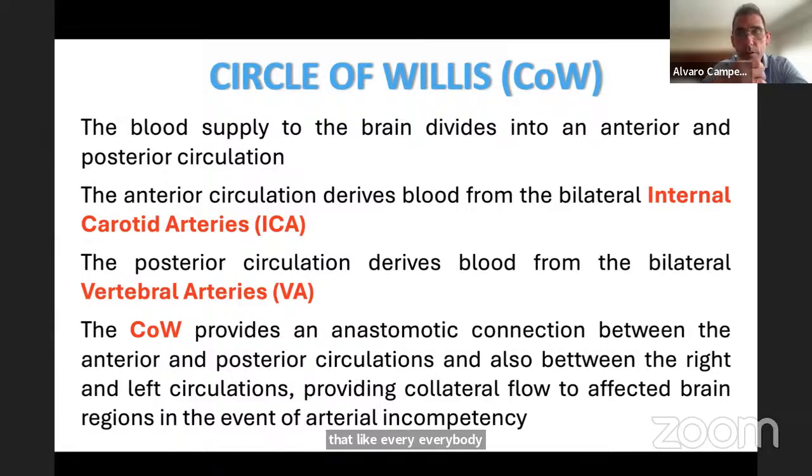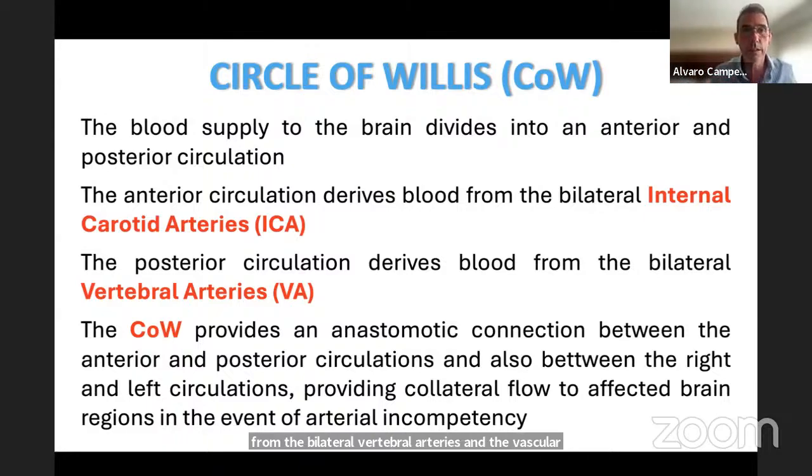So first of all, some things about the circle of Willis that everybody knows: the blood supply is divided into the anterior and posterior circulation. The anterior circulation is from the internal carotid artery, and the posterior circulation from the bilateral vertebral arteries and the basilar artery and so on.